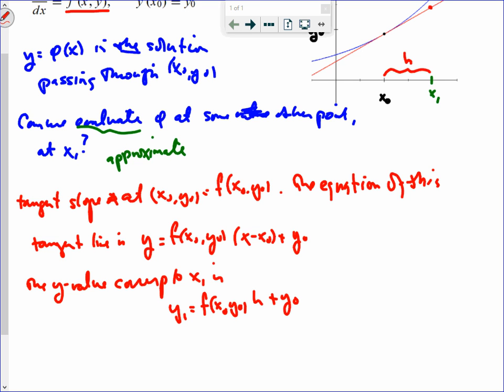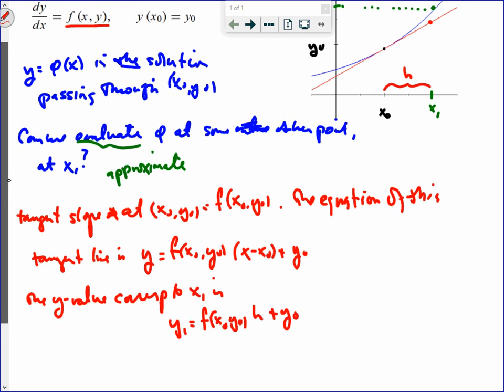And that's an approximation based on the tangent line. And is it a good approximation? Well, if h isn't very big, it's probably not too bad. This is the idea behind the Euler method.